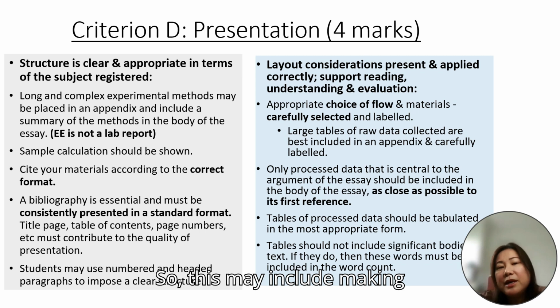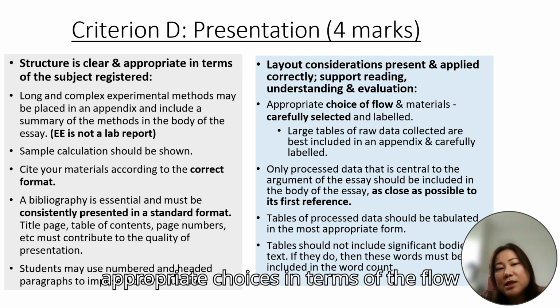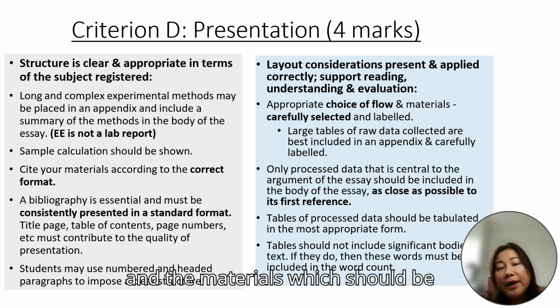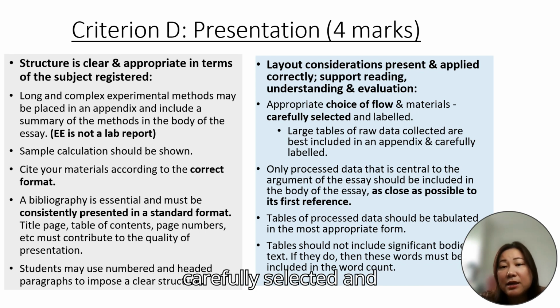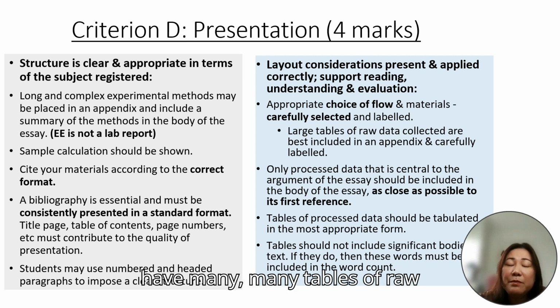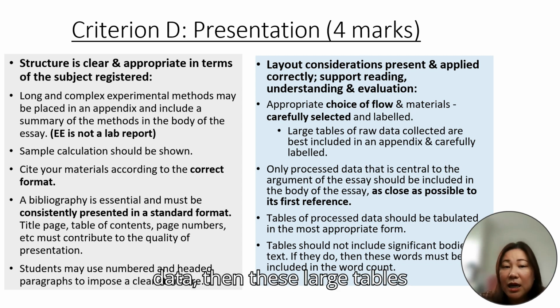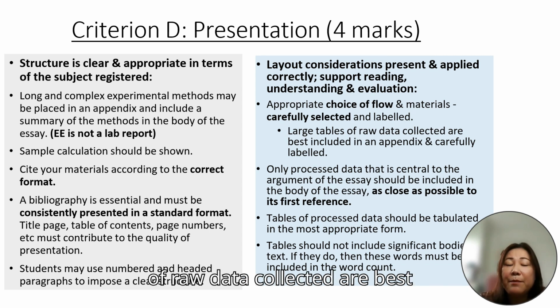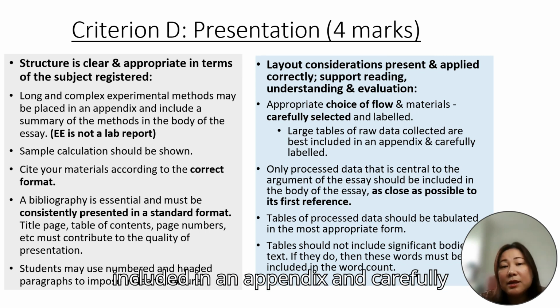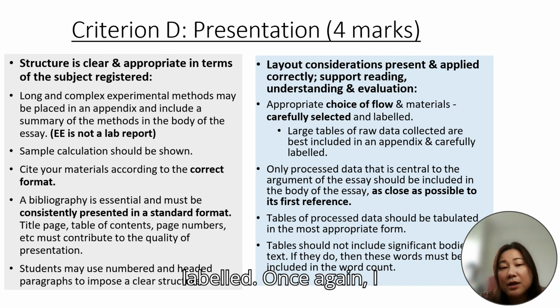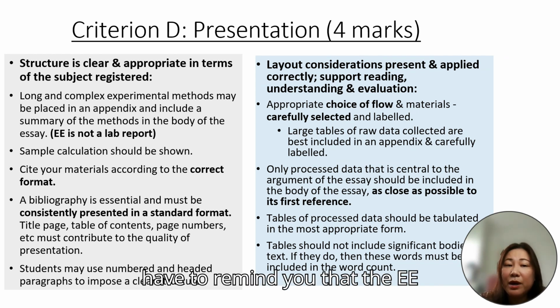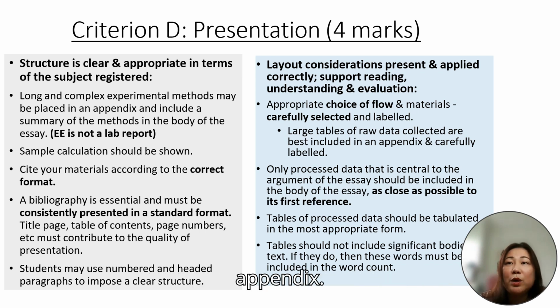So this may include making appropriate choices in terms of the flow and the materials which should be carefully selected and labeled. So if you have many tables of raw data, then these large tables of raw data collected are best included in an appendix and carefully labeled. Once again, I have to remind you that the EE marker is not going to read your appendix.